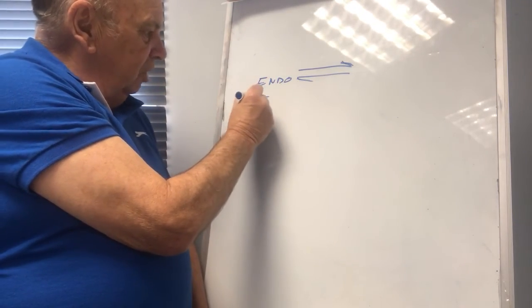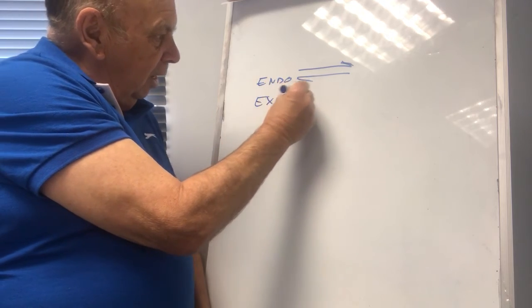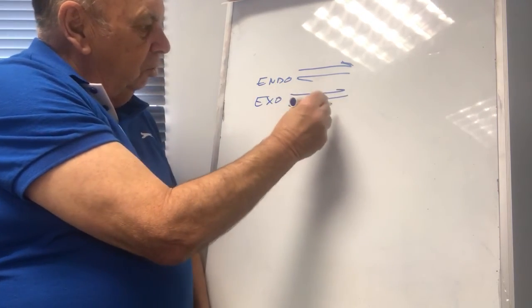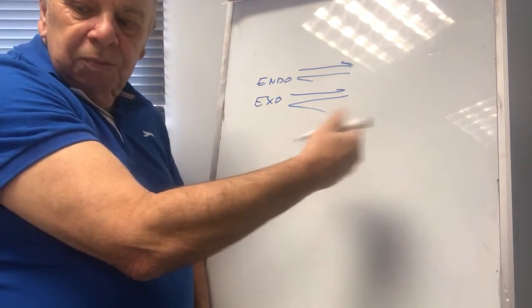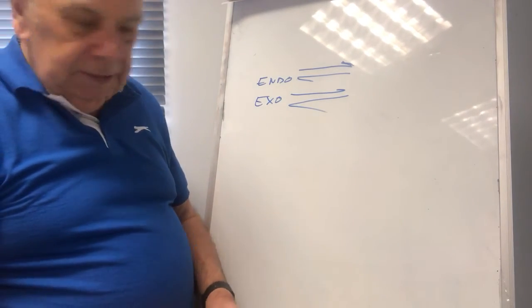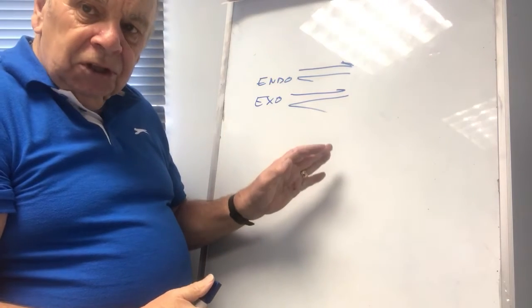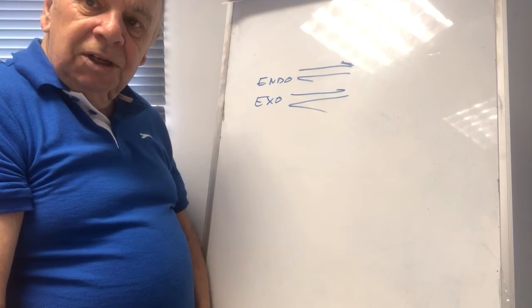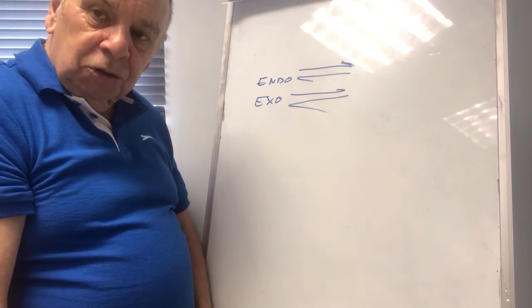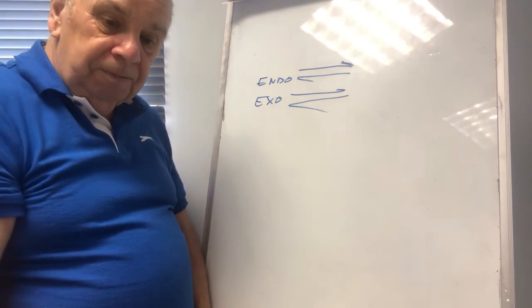And if it was an exothermic reaction, moving it to the right for the products, it moves back. And it does that until the forward rate of reaction is equal to the reverse rate of the reaction.